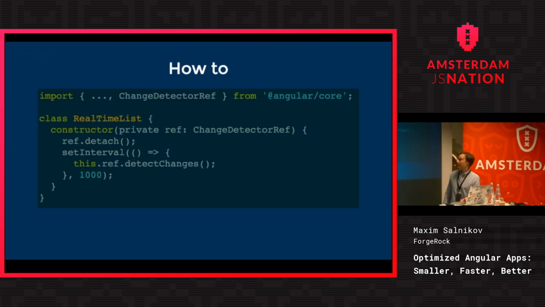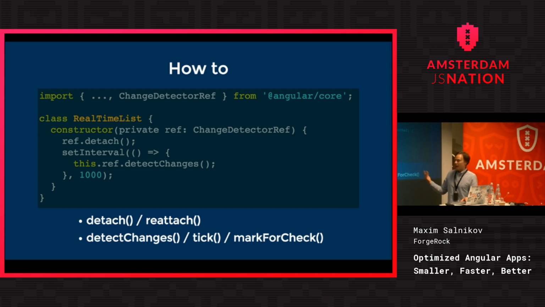So first, how to disable this? We have ChangeDetectorRef for our help. So in the constructor, we just detach this and do checking manually on some timer, like in my example. So we have all the methods here: detach, also we can reattach later, and all to run this manually.